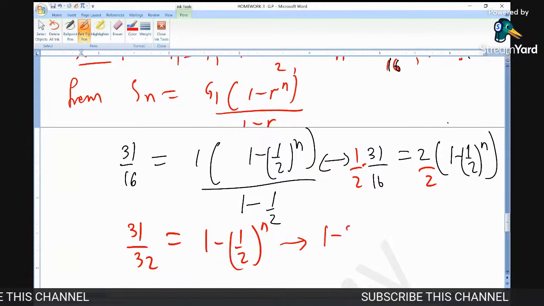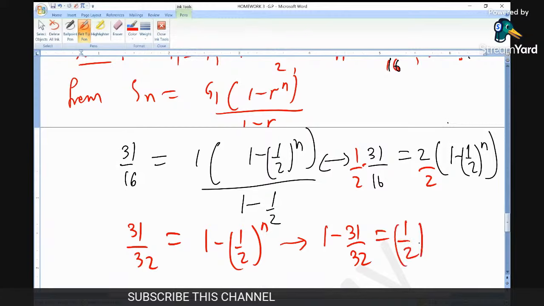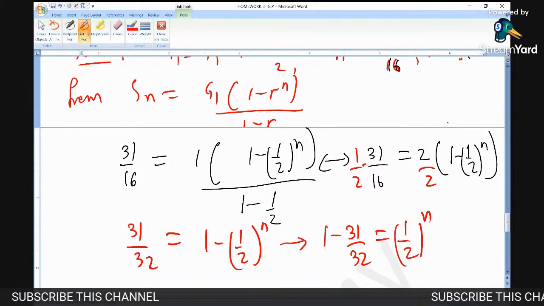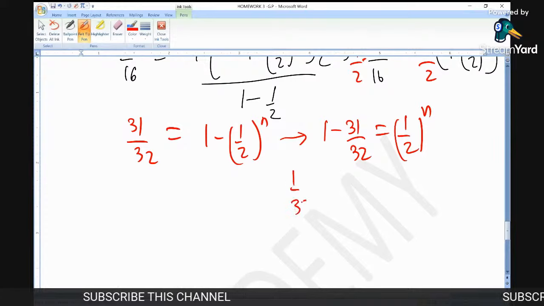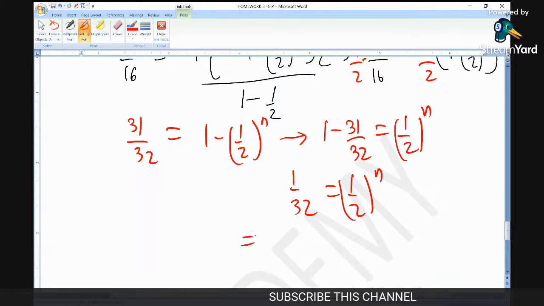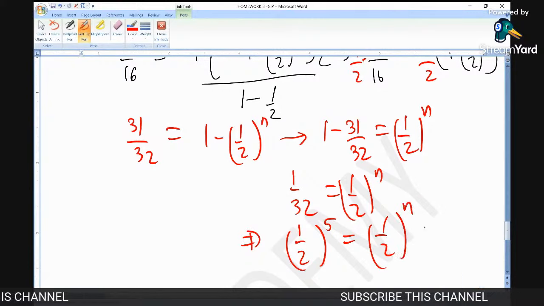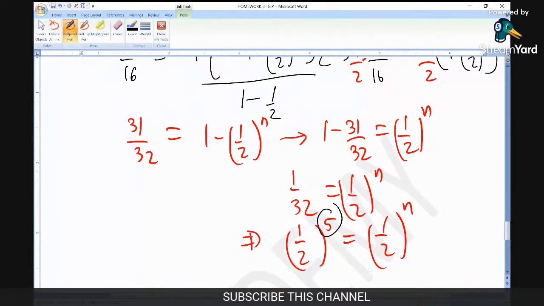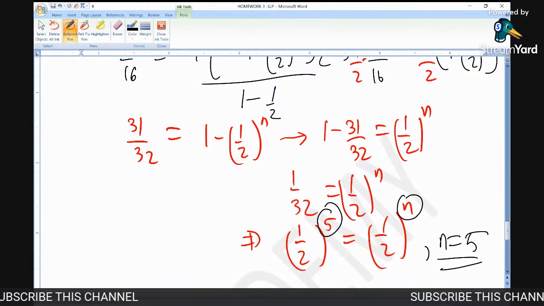It is 1 minus 31 over 32 equals a half power n. If you subtract it there, you have 1 over 32 equals 1 over 2 power n, meaning that 1 over 2 power 5 equals 1 over 2 power n. You compare exponents and you're going to say that actually the value of n is now 5. That is all.